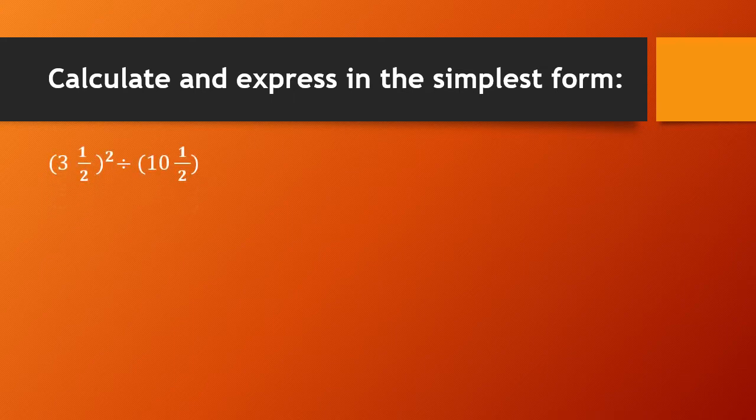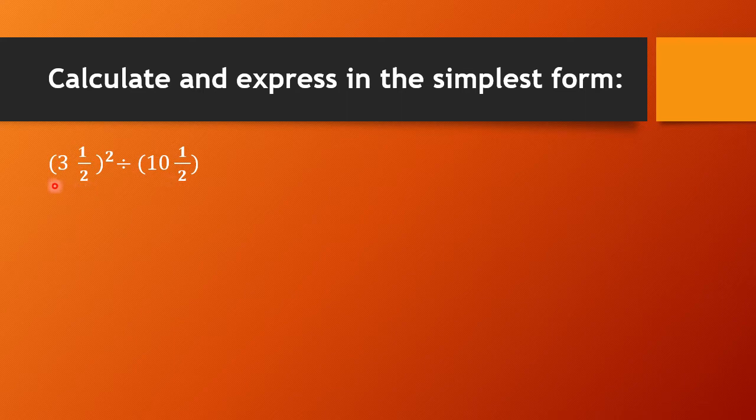In this exercise, (3 1/2)^2 divided by 10 1/2. This is in the form of a mixed number, so we will convert this mixed number to an improper fraction, and the same with the other mixed number.